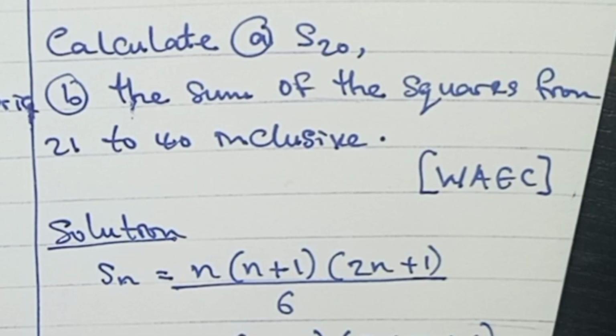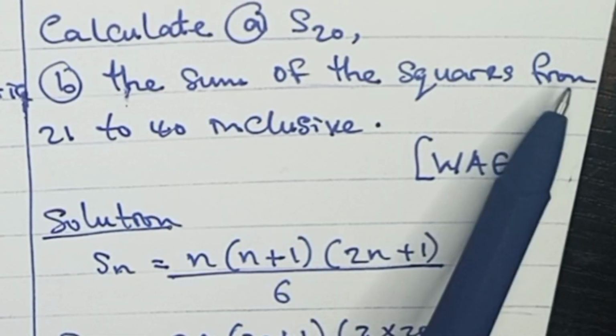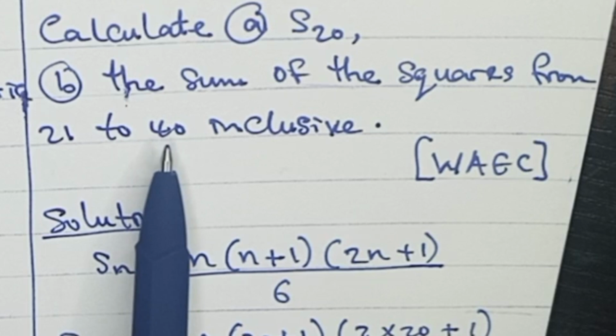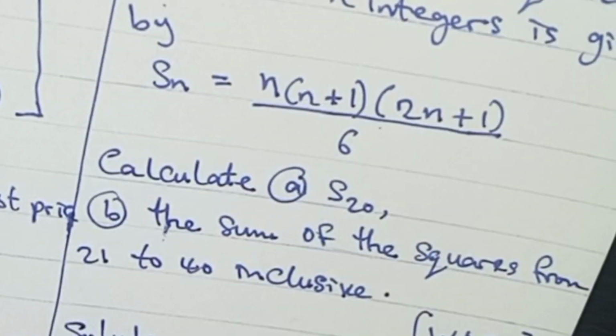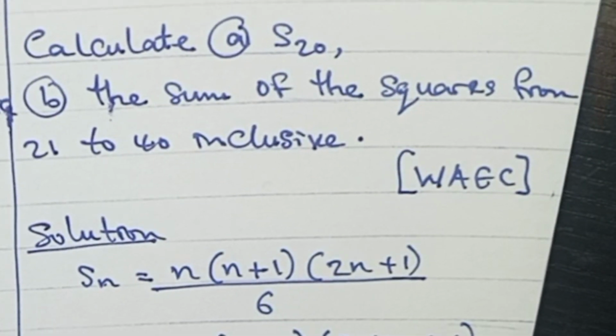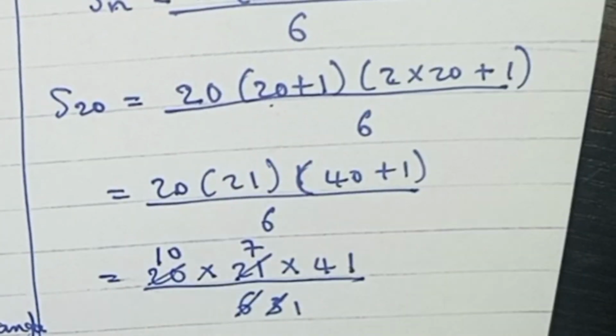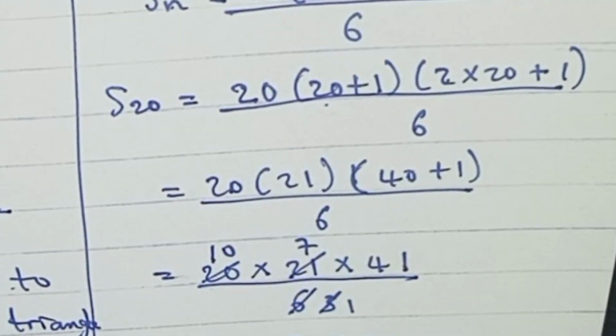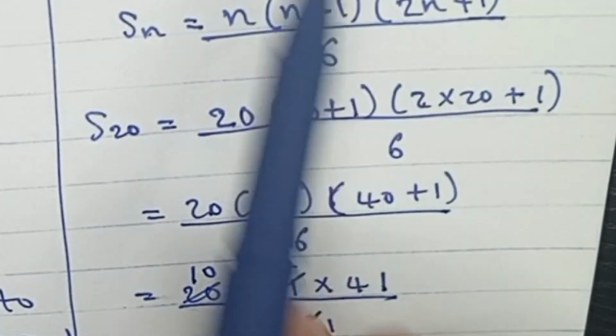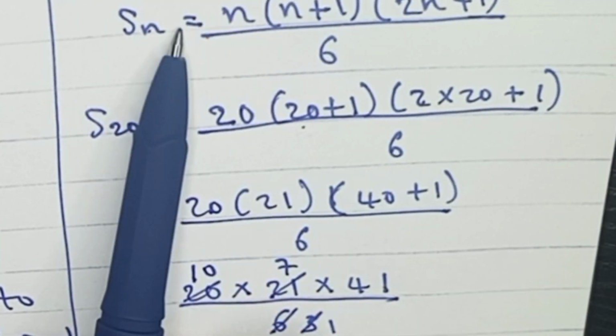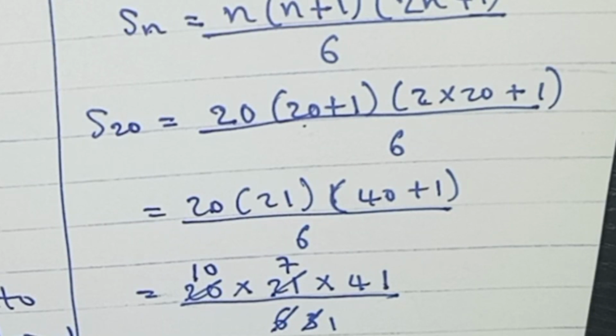So let's go to question 2. For question 2, we have what? The sum of the square from 21 to 40 inclusive. Now I said we have to understand the question. If we don't understand the question, solving this B part will be difficult. The formula we are given starts from what?